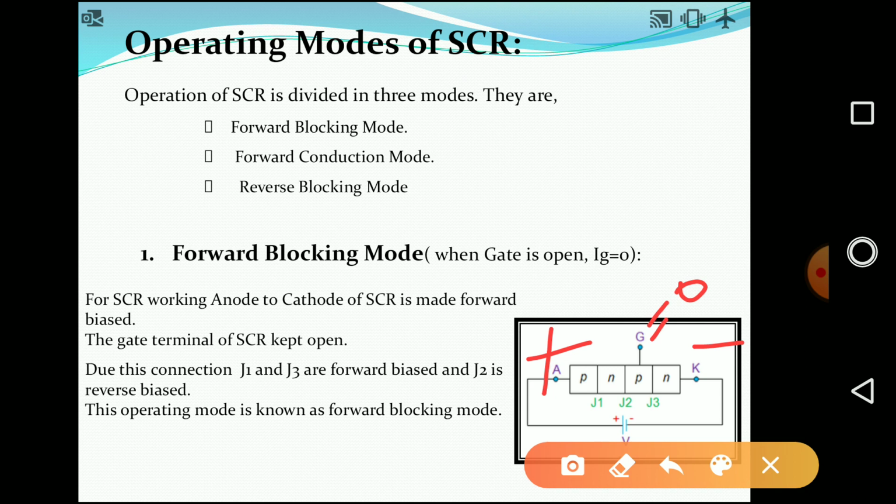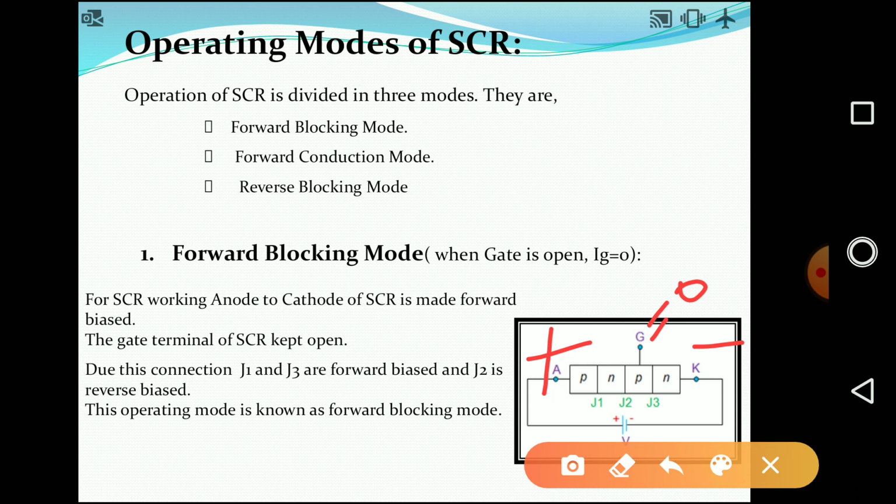This condition keeps the SCR in forward mode, but the current doesn't flow from anode to cathode. So anode current is 0 when the gate terminal is open. This mode of operation is called forward blocking mode.